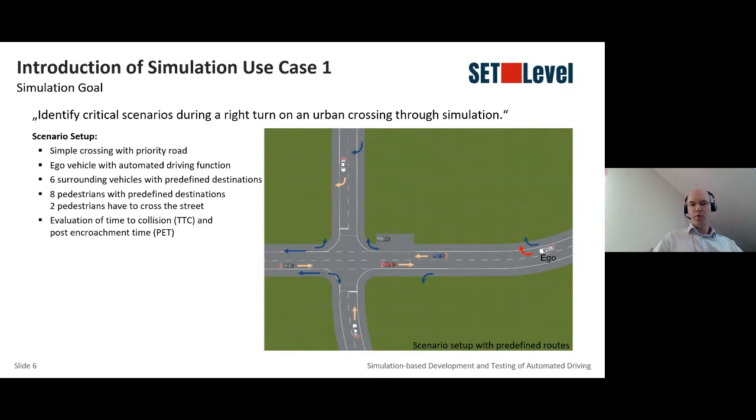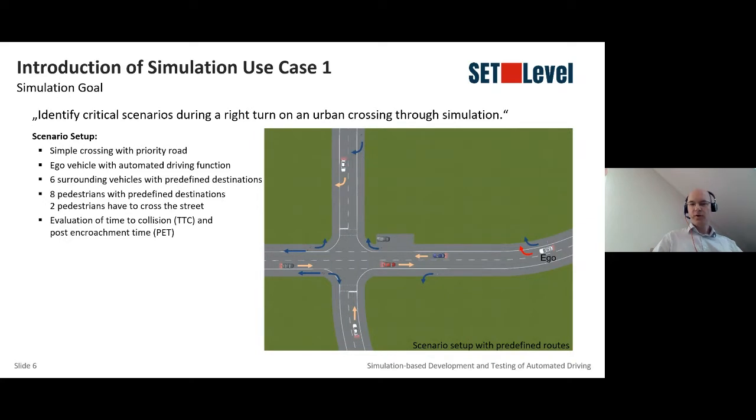Furthermore, there are more moving agents, for example, 6 surrounding vehicles with predefined routes and 8 pedestrians with also predefined routes. 2 of these pedestrians have to cross the street at a pedestrian crossing on the non-priority road above the priority road.